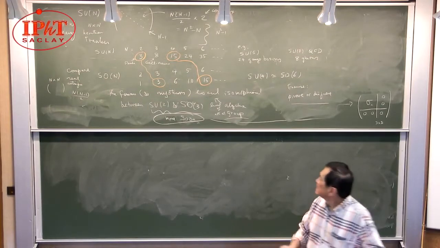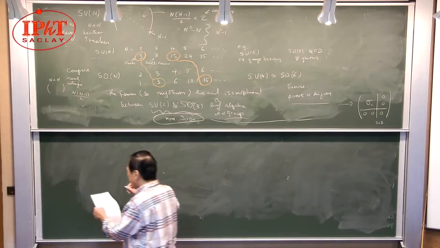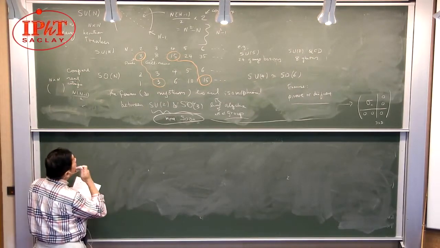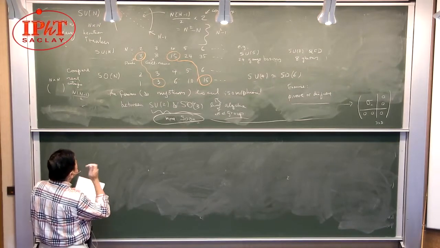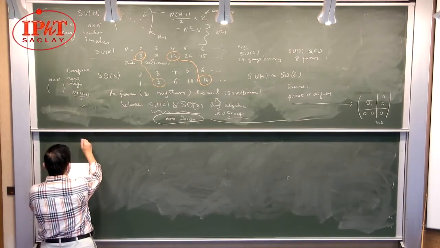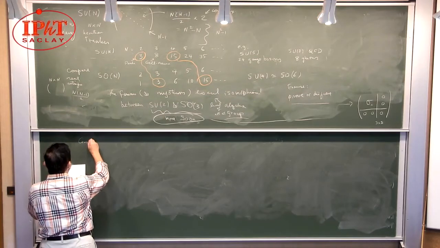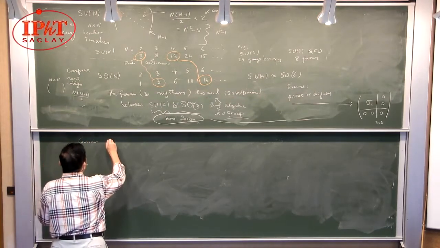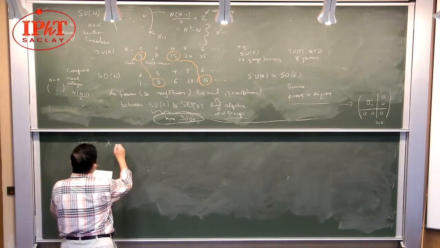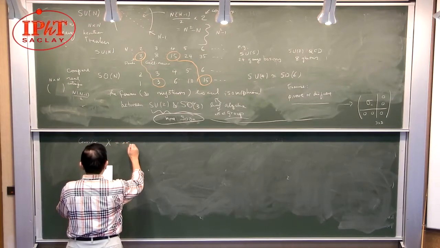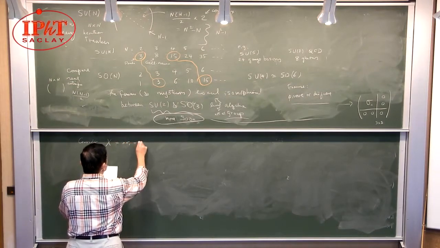Okay, so consider a matrix X, which is a linear combination of the 3 Pauli matrices.